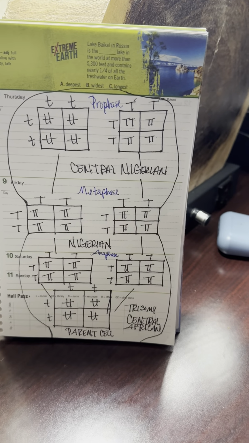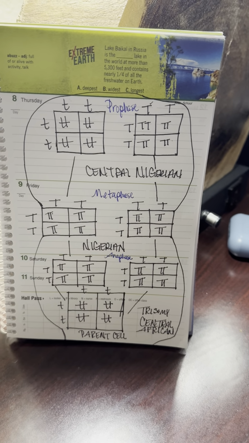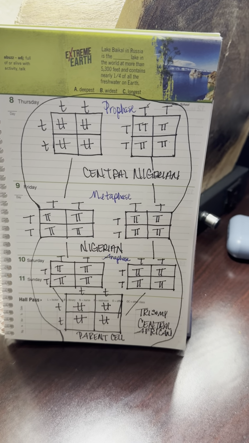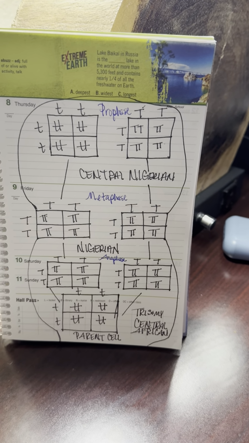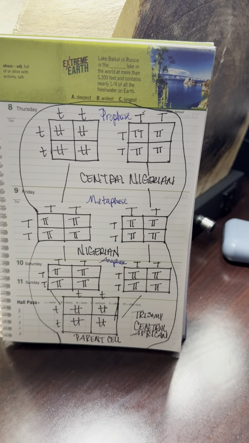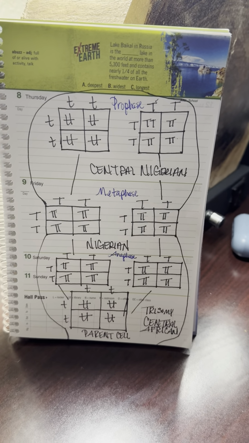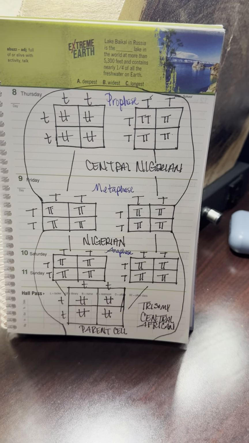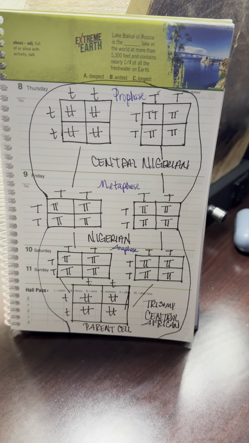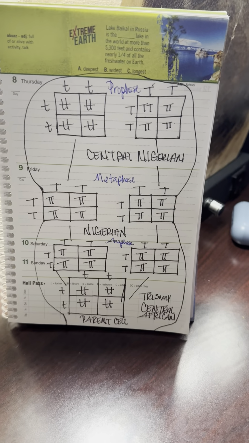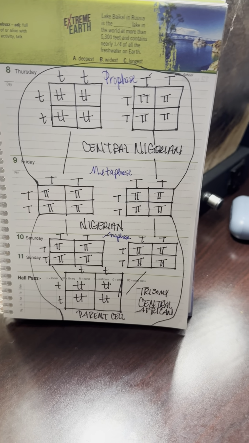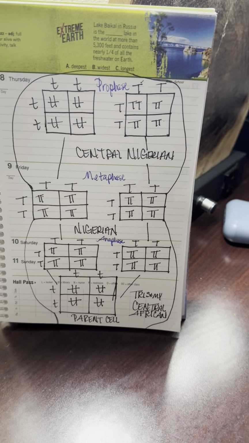You'll look at it and you'll see those two T's are going to be the two Nigerian, the large T's, Nigerian, and then below it is going to be another phase of Nigerian, and then of course the parent cell, which is going to be Central, where the Central is going to be the trisomy.